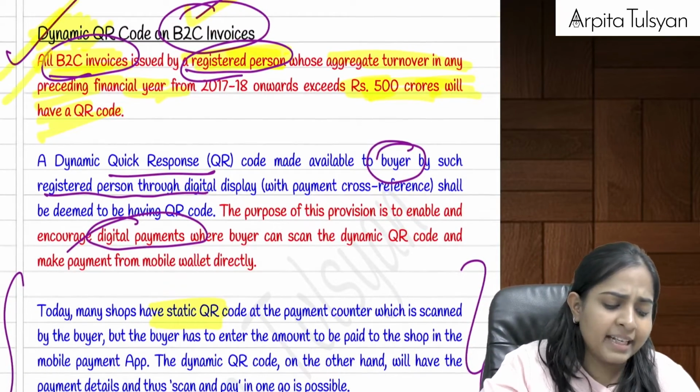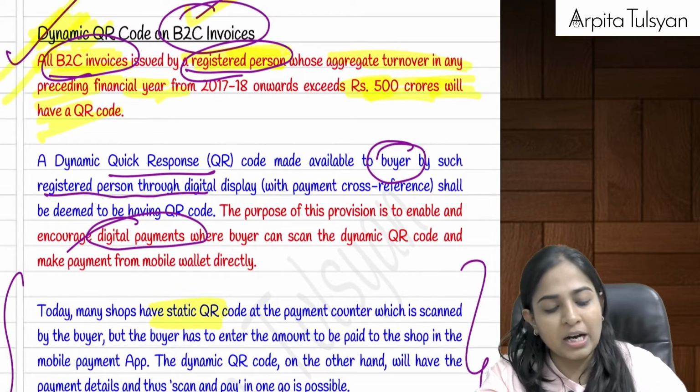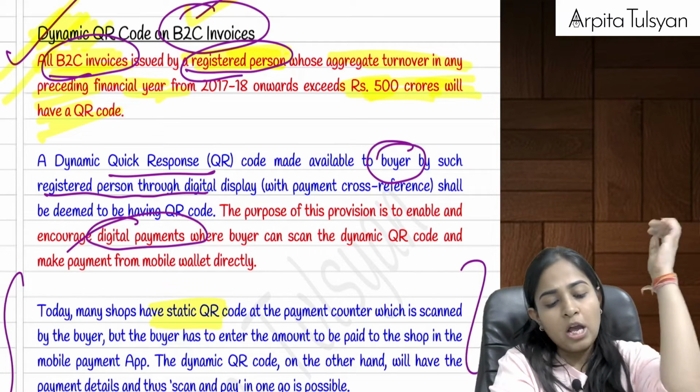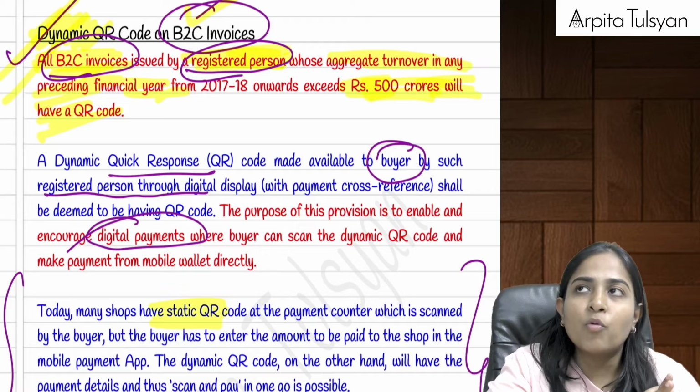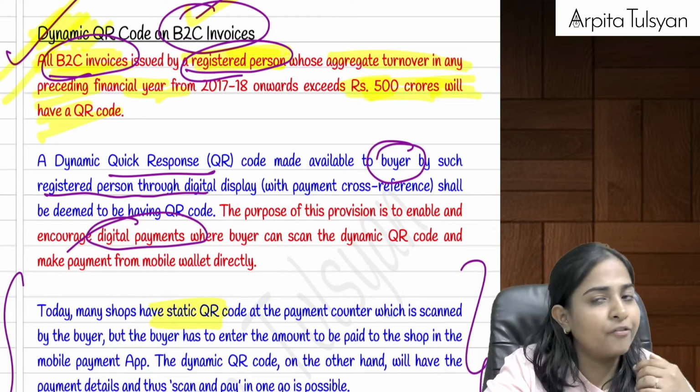Right? And then going on to the last concept, which was talking about dynamic QR code. Now what are they trying? This is totally different from e-invoicing.